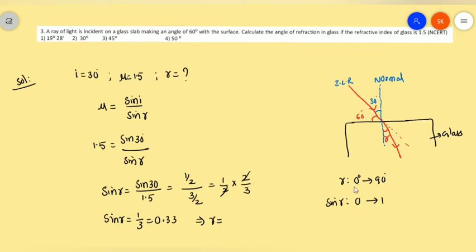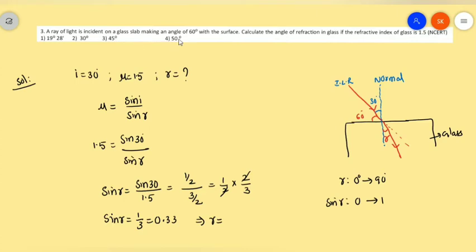Sin 0 is 0, sin 90 is 1. Here, if you take sin 45, 1 by root 2 you will get. And if you take sin 30, 0.5 you will get. Sin 30, 0.5. Sin 45 you will get nearly 0.7.